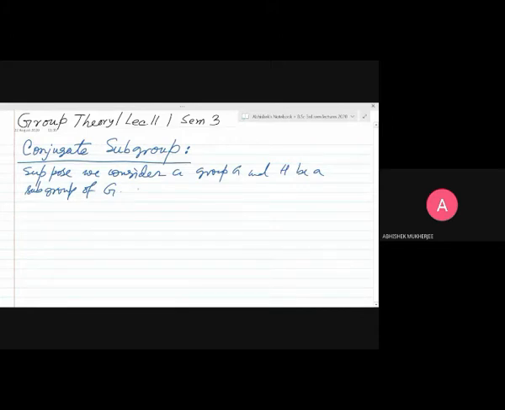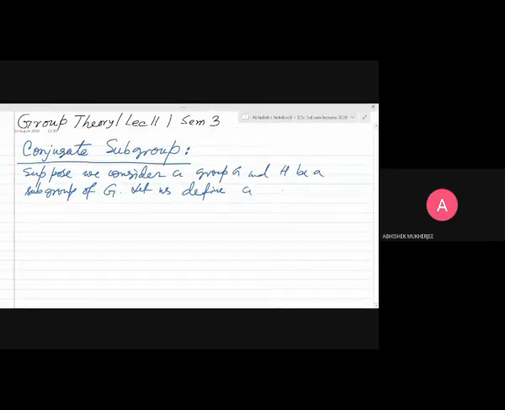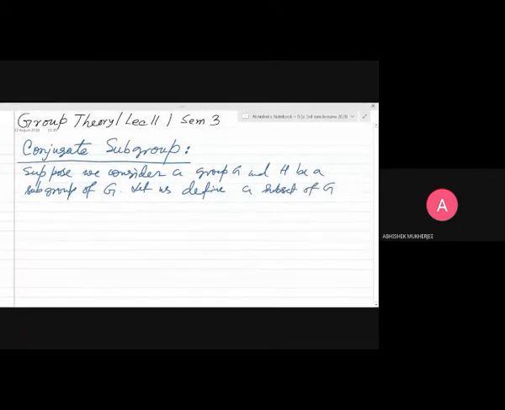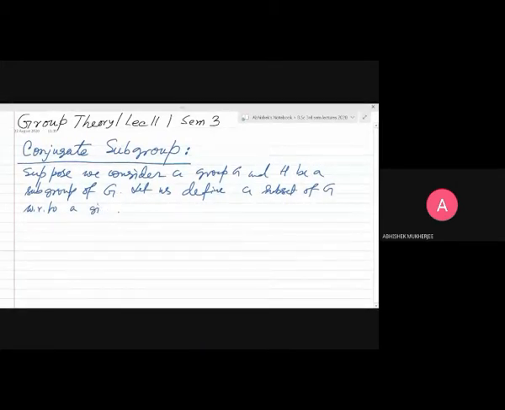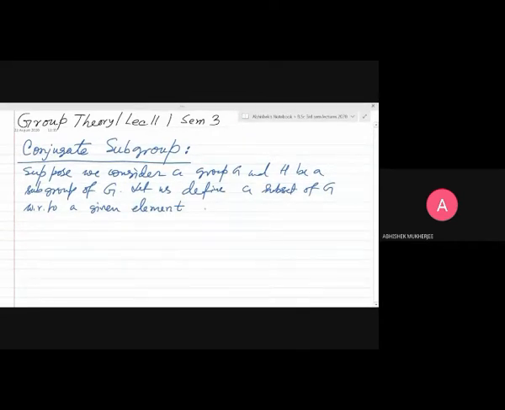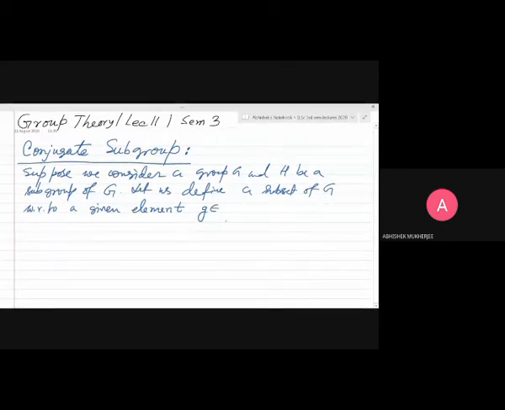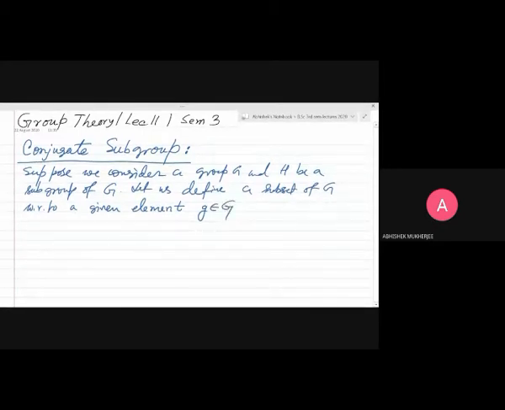Fine. Now let us define a subset of G with respect to a given element small g belongs to capital G. So suppose you consider one element from the group, and then with respect to this element, you are going to define one subset of that group.